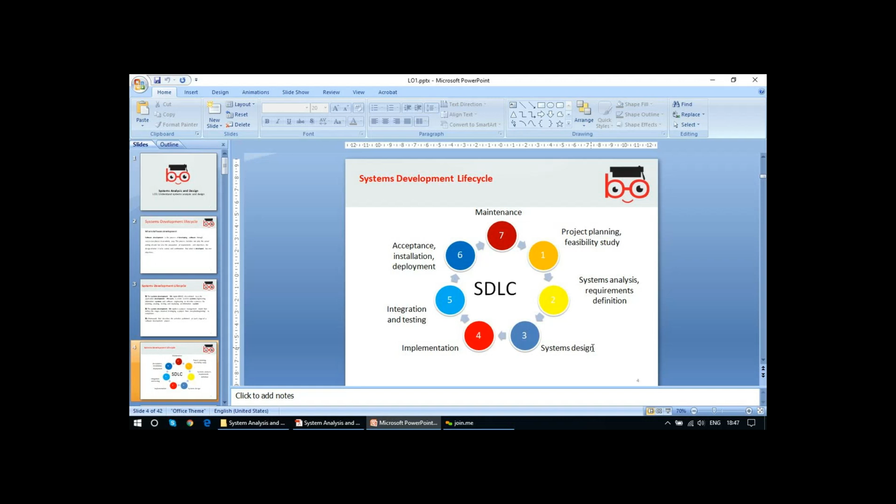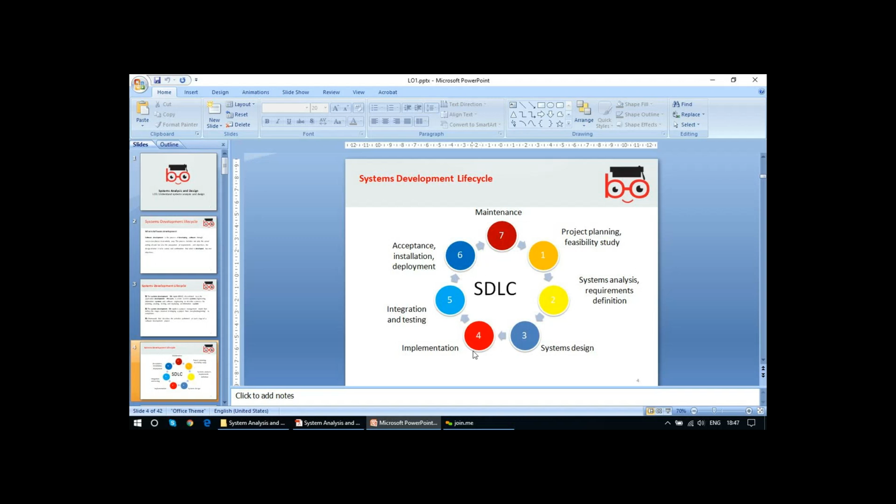So that is basically the design. Then implementation is the fourth one. Then integration and testing. Integration in a sense that the implemented thing could be one or more units, then you need to integrate them, or maybe integrate with an existing system. Also the installation and deployment into the real scenario. And maintenance, right?